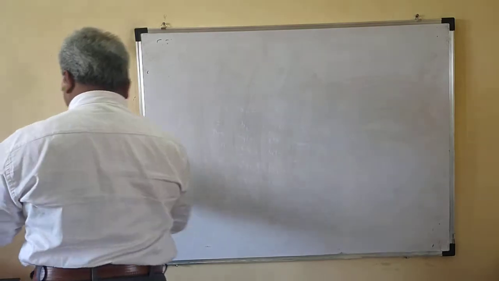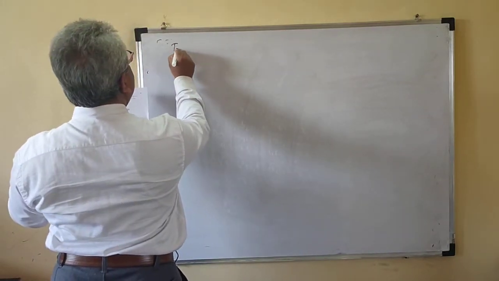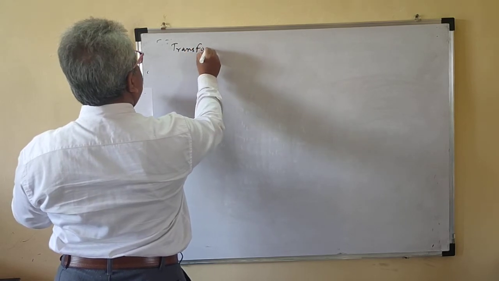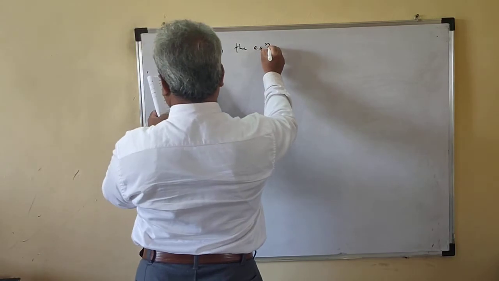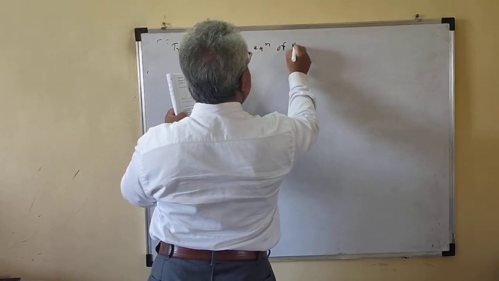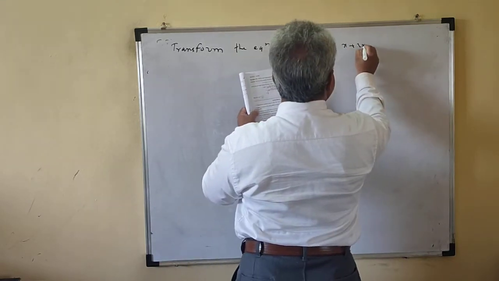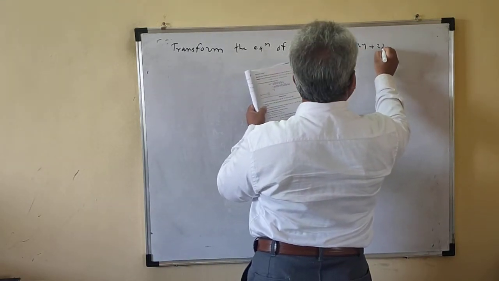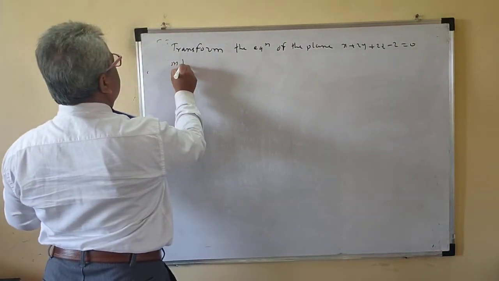Okay, so we'll take the last problem. Transform the equation of the plane x plus twice y plus twice z minus 2 is equal to 0 into normal form.